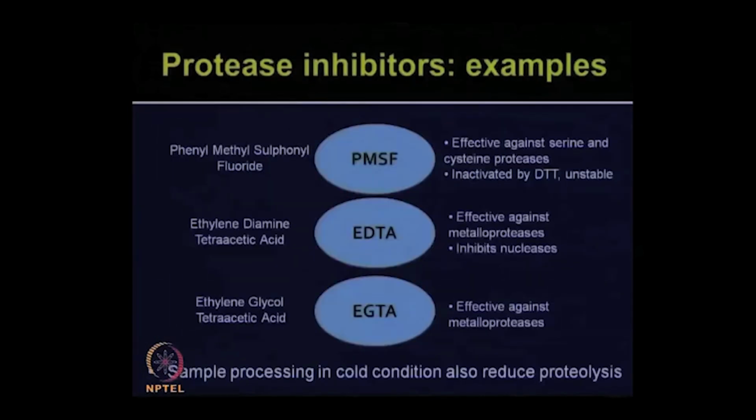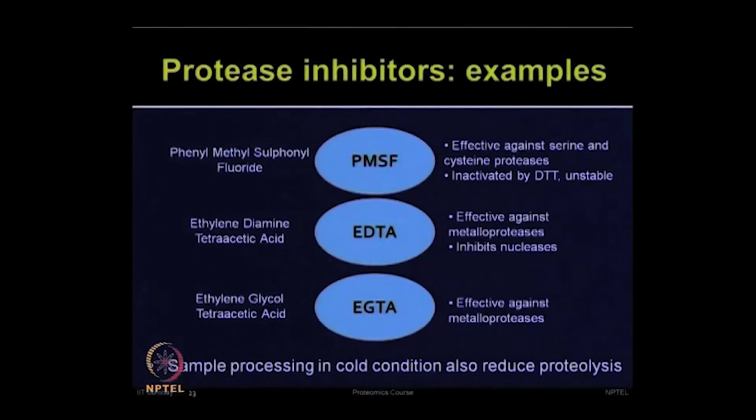Now, I will give you a few specific examples of protease inhibitors, such as phenyl methyl sulfonyl fluoride, PMSF, which is very effective against serine and cysteine proteases. It can be inactivated by DTT and it is unstable when you are preparing the samples for gel based applications.